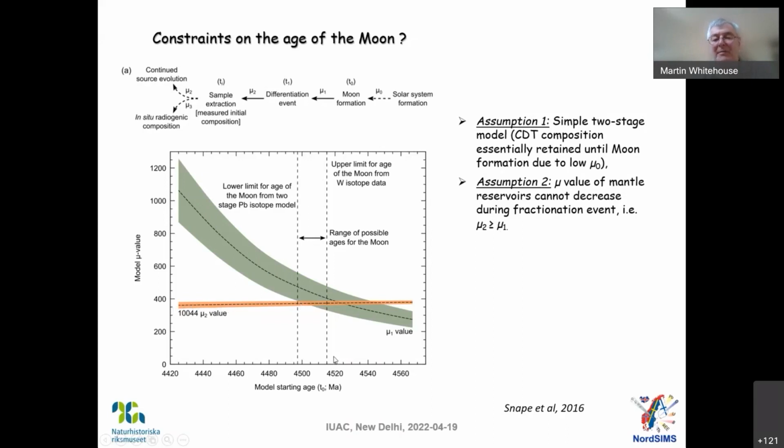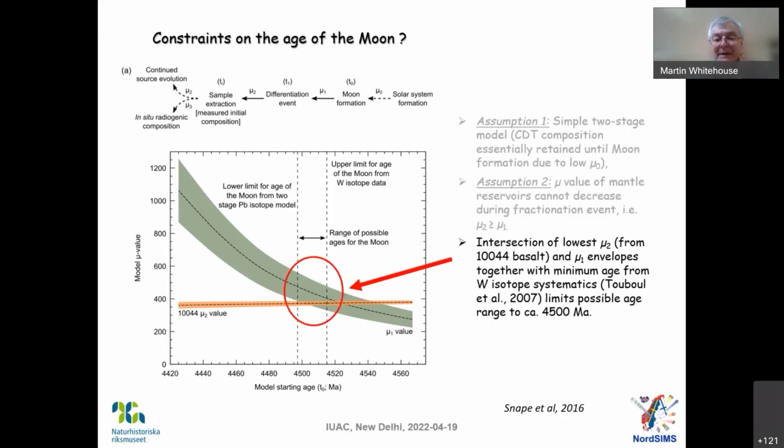We know the moon can't be older than 4.51 billion years based on tungsten isotopes, and we violate this mu2 greater than mu1 at about 4.49, 4.50. So it looks to us as though the moon has to be around about 4.5 billion years. And that's this intersection here.